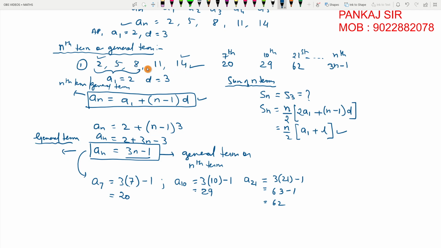So when the first term as well as the last term is known to you, and you are asked to find the value of Sn, the sum of the n terms, then this formula is very useful, because this takes into consideration the last term, which is l. So l is the last term.